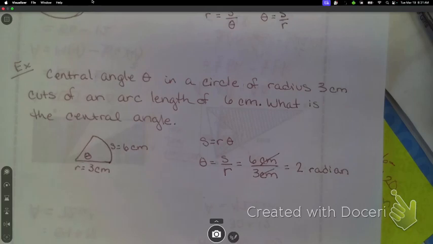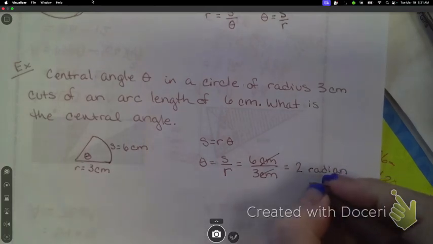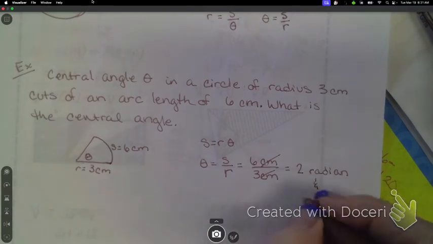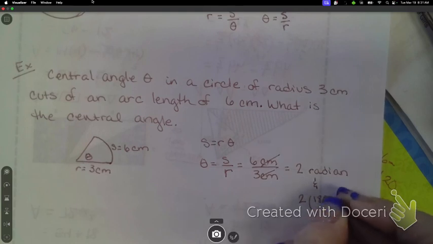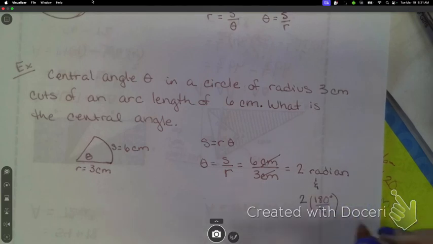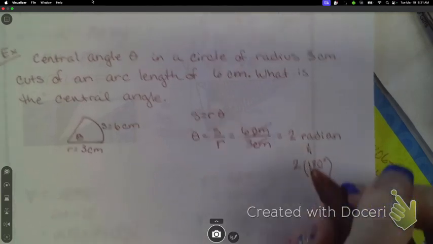So what if I wanted that also in degrees? What would I do? I'd multiply it times 180 over pi. There is a pi in that too.